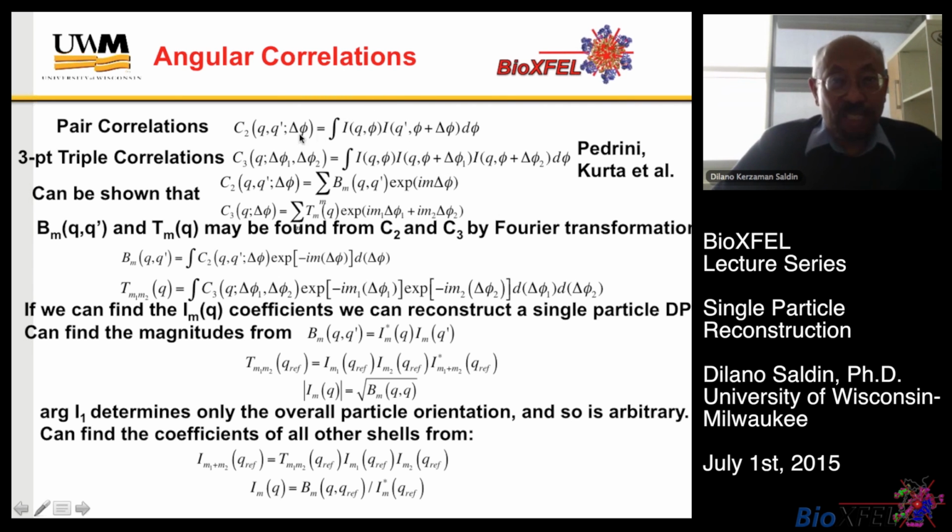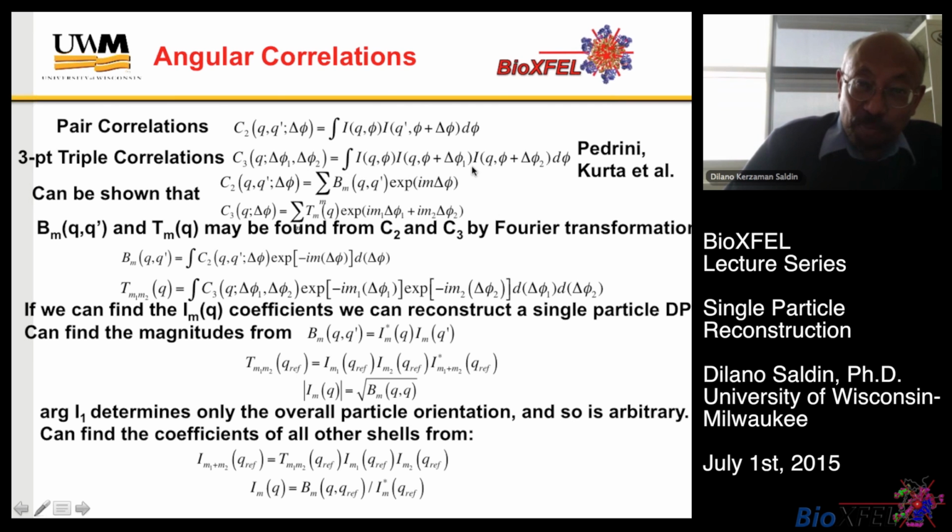So we have this thing called the correlation function, which is defined as the product of the intensity at one particular angle times the intensity at that angle plus delta phi, integrated over d phi, and so the correlation function is a function of delta phi. This correlation function is the same whether you have one particle or many. That's the so-called 2-point correlation function.